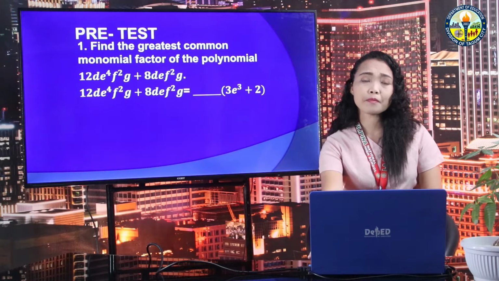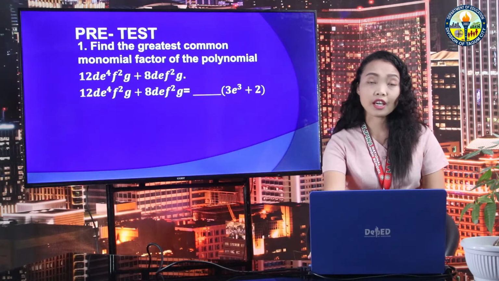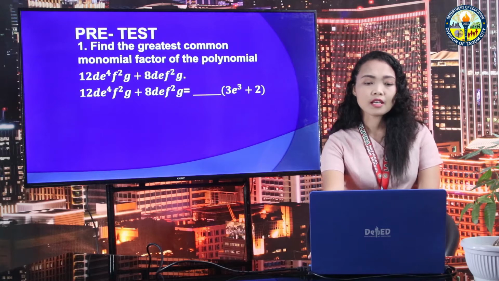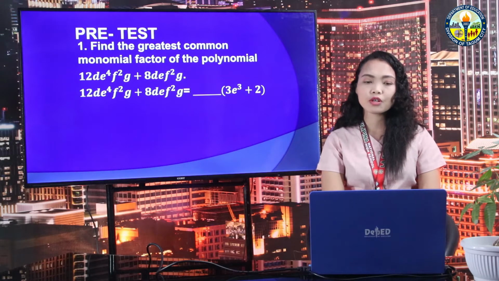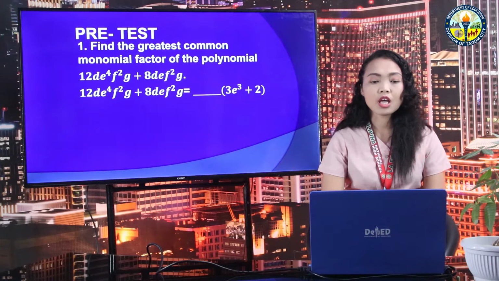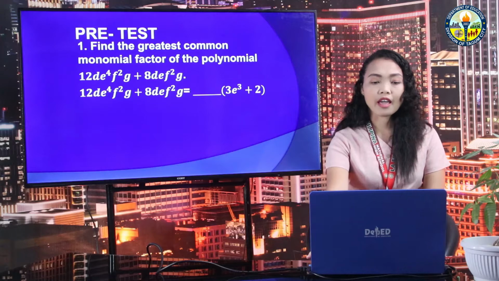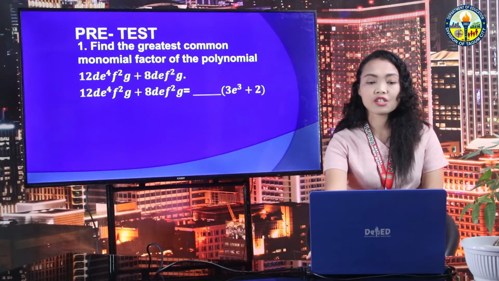Okay, this time, you're going to answer 2 items only. I will give you 5 seconds to answer. The first is, find the greatest common monomial factor of the polynomial 12de to the 4th power f squared g plus 8def squared g.